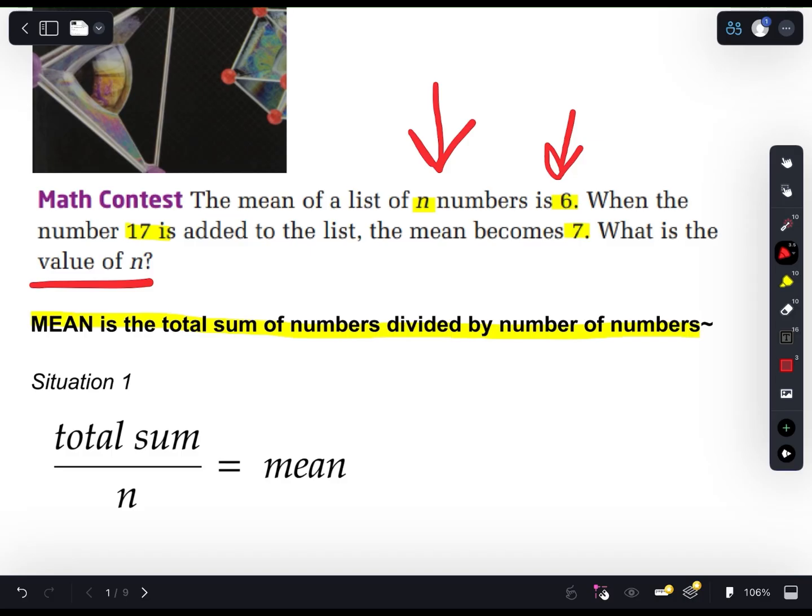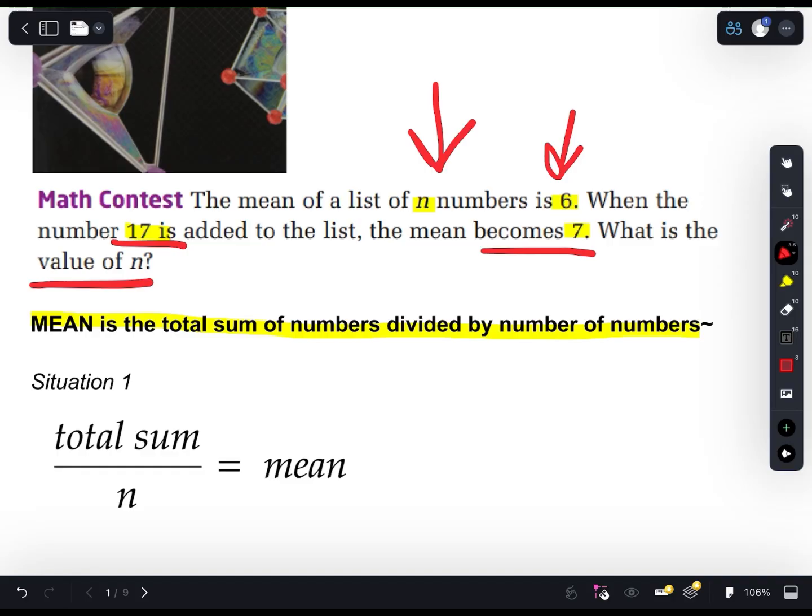We now have situation 2, where 17 has been added to that list of numbers, and the mean has changed. So that means that also the total sum would change. So the total sum has changed, it's become a new total sum. We have a new amount of numbers and we have a new mean.